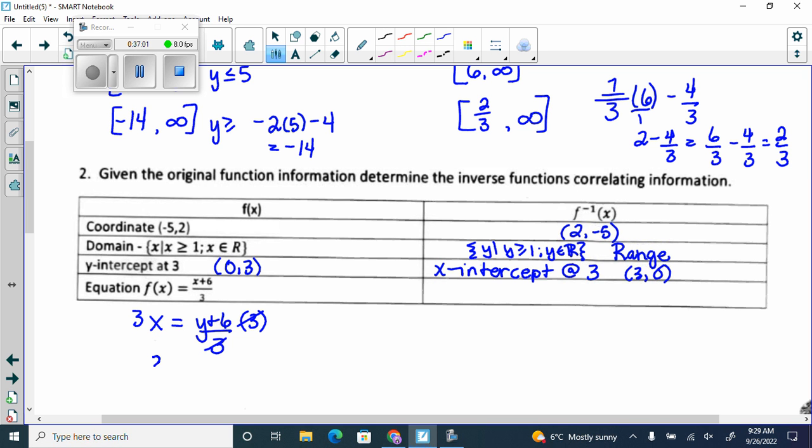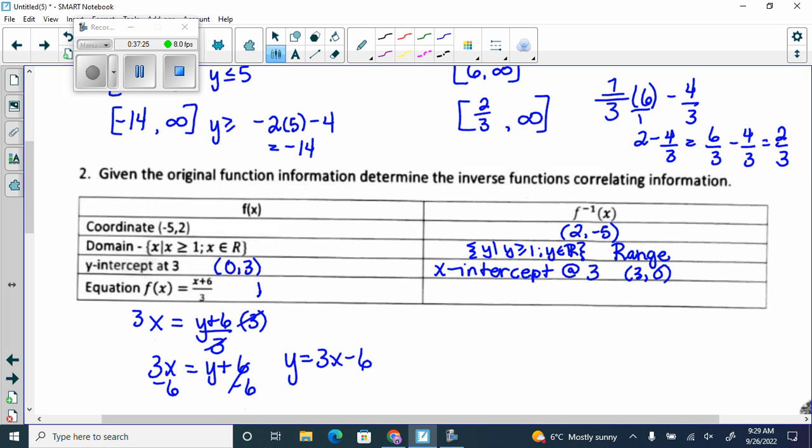So I get 3x equals y plus 6, and then minus 6. And some people might say, well, this is linear, and the other one wasn't linear. What the heck? The other one was linear. They divided the whole side by 3, which makes it not blatantly obviously linear. Remember I told you I don't ever do that. I don't ever divide a whole side by that. I'll divide each term by it.